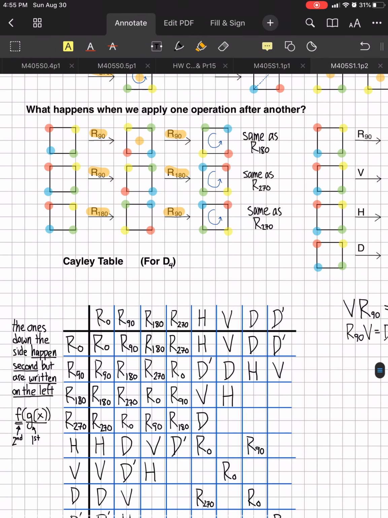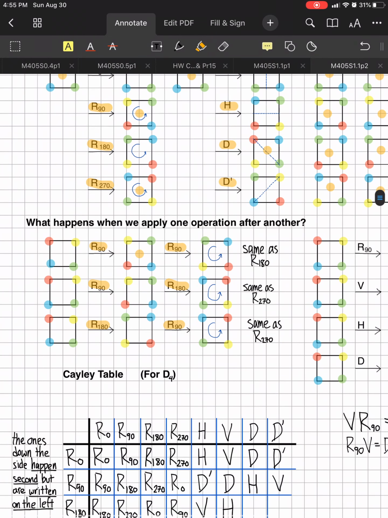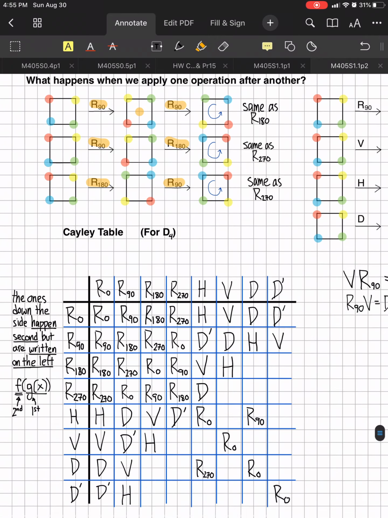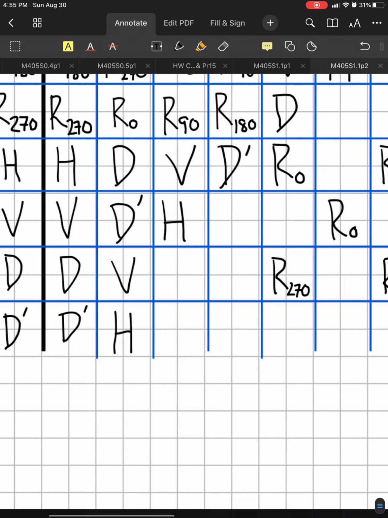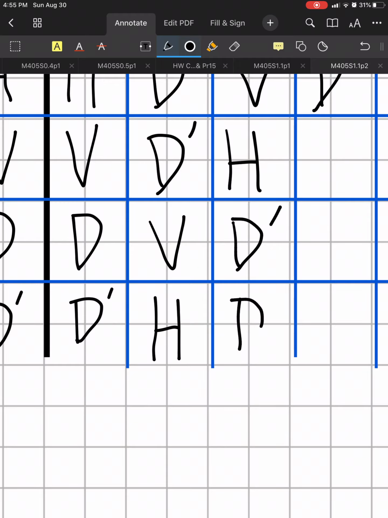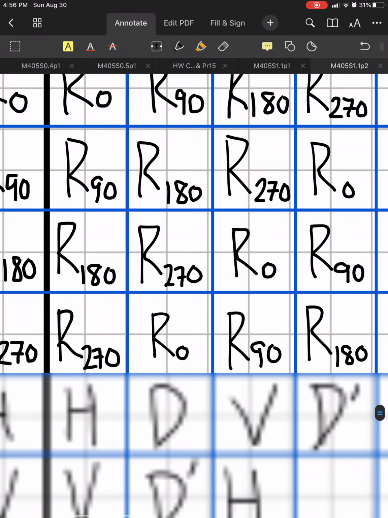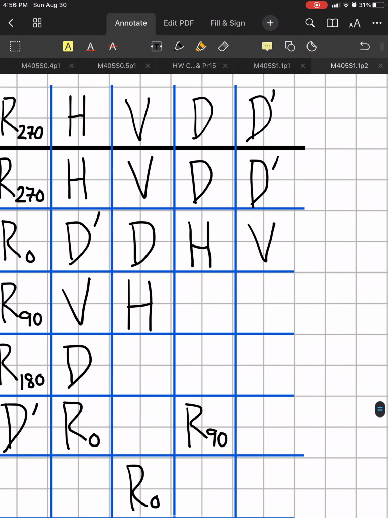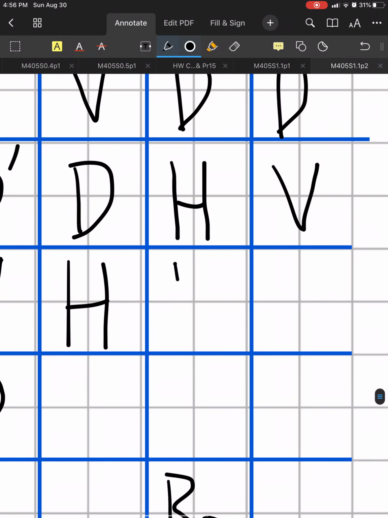Likewise, if I do that for the D's, they reverse as well. You'll notice everything's opposite on the D's, so if I do 180 degrees after a D or before a D, I get the other D. So D prime and D. Up here I get D prime and D, and that finishes this off.